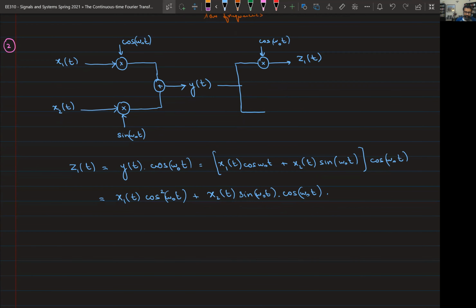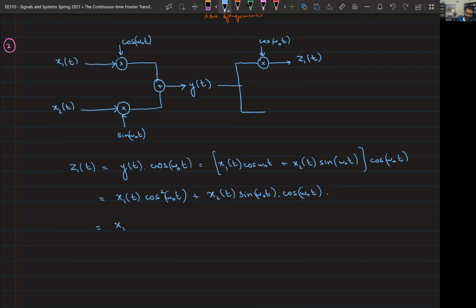And now I claim that x1 and x2 can be separated from each other. How? By just analyzing what is going on in the frequency domain. So z1 of j omega is actually, let me apply something here.